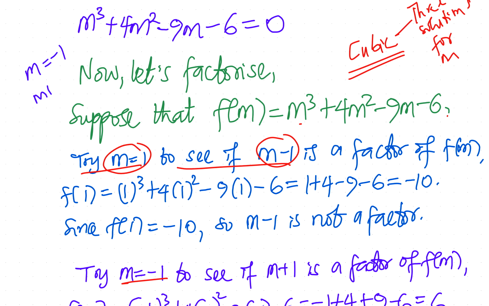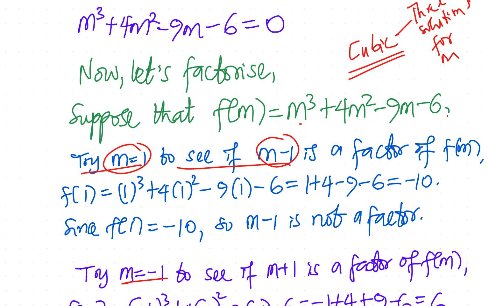So we try m equals 1 to see if m minus 1 is a factor of f of m. What that simply means is that you put 1 for m in this expression.